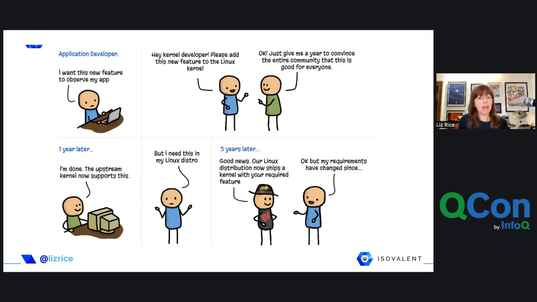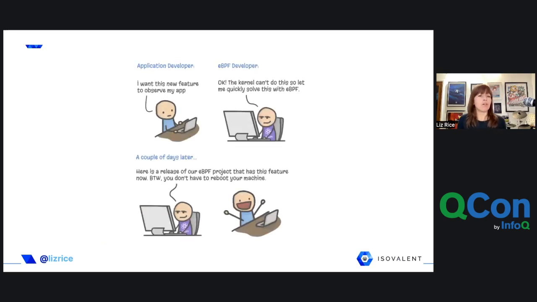And of course, with eBPF, we don't have to wait for the Linux kernel to be rolled out. If we can create a new kernel capability in an eBPF program, we can just load it into the machine. We don't have to reboot the machine. We can just dynamically change the way that that machine behaves. We don't even have to stop and restart the applications that are running.